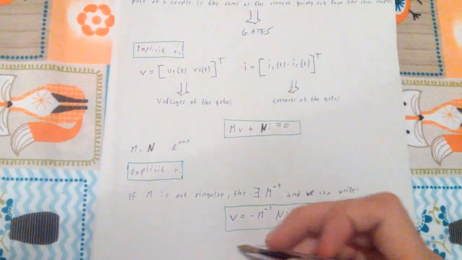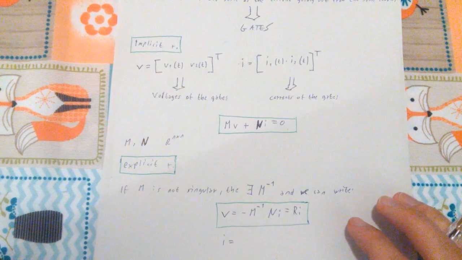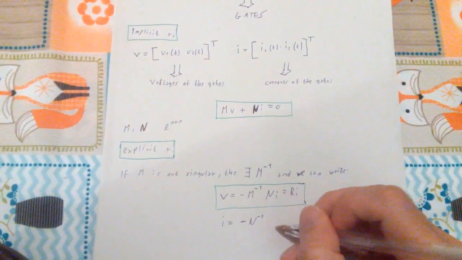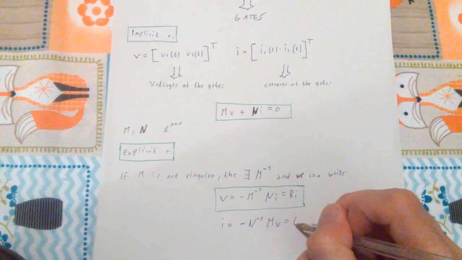And of course, for i, we can just say, okay, i is negative N to the negative 1 M v, equal to Gv.